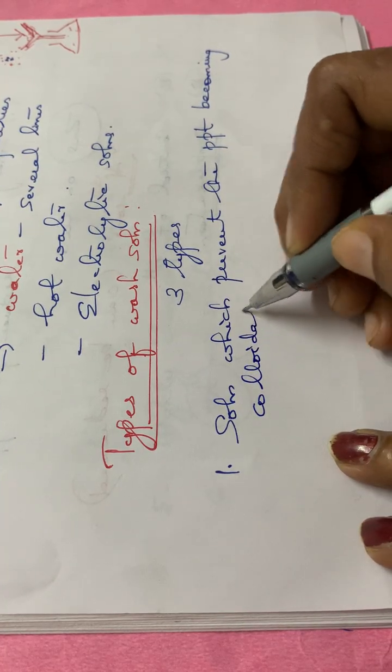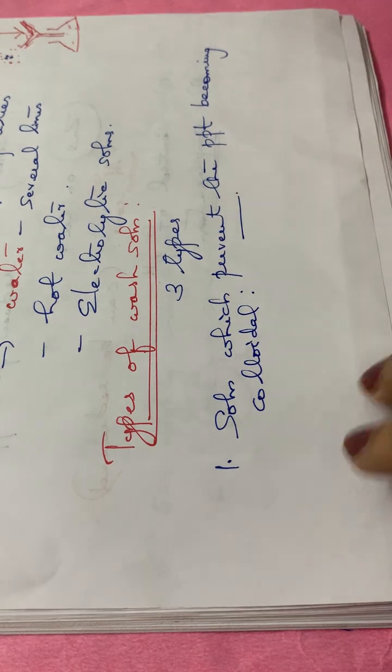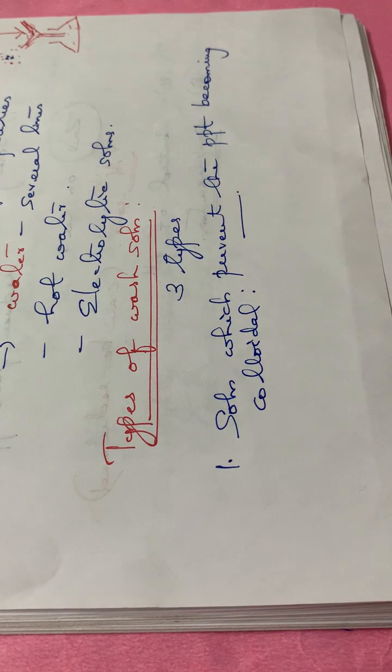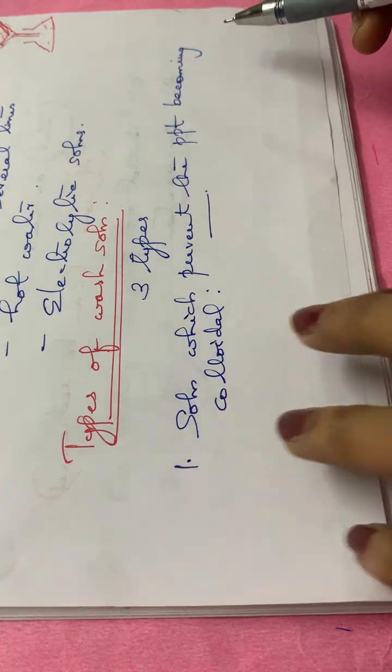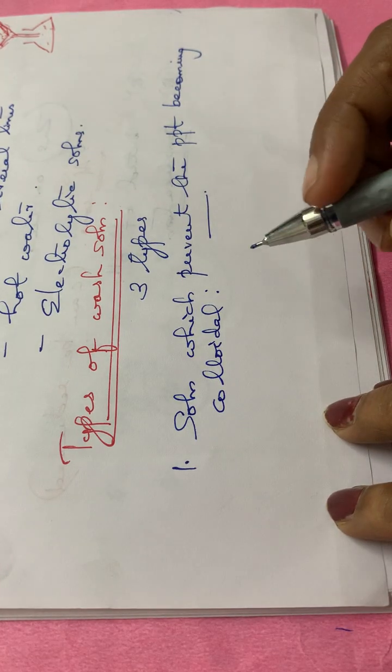While using the wash solution, we should be careful, and depending upon the nature of the precipitate, we will be using the wash solution. The first type is the solution which prevents the precipitate becoming colloidal.